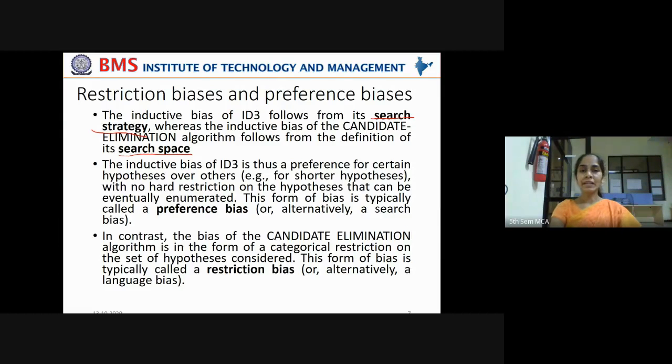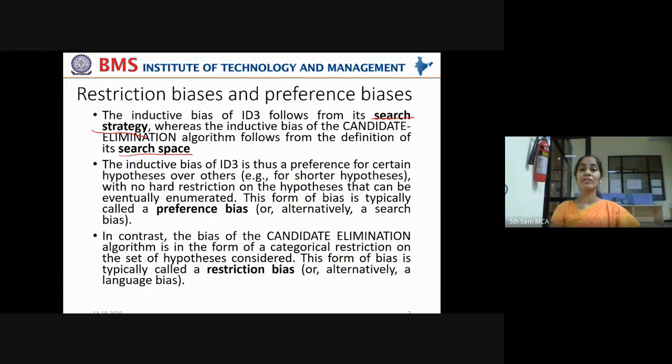Okay, now the inductive bias of ID3 is just a preference for certain hypotheses over others, for shorter hypotheses mainly. So what are the assumptions in this ID3 algorithm? It prefers some hypotheses over other hypotheses, shorter decision trees over longer decision trees, simpler decision trees over complex decision trees.